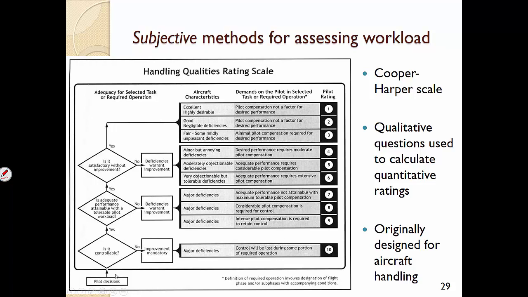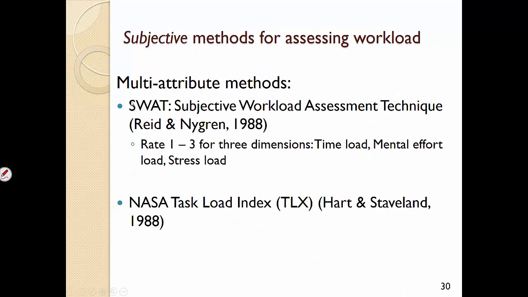And similar sorts of flowcharts like this have been used with the Cooper-Harper scale to come up with workload ratings on a 1 to 10 sort of scale, or similar scales. There are different methods that we've used in the lab, from really simple to relatively more complex multi-dimensional workload assessments.